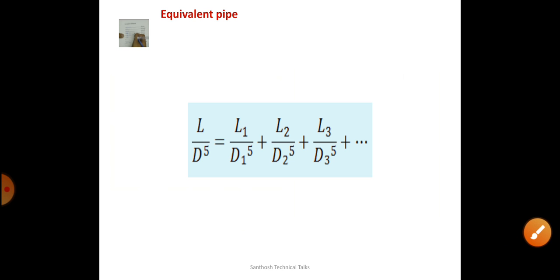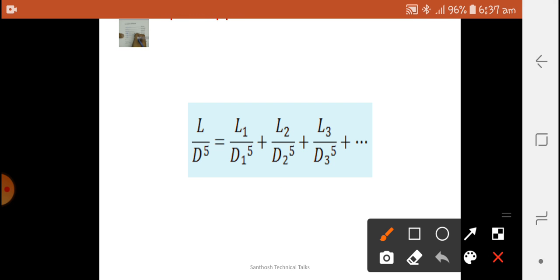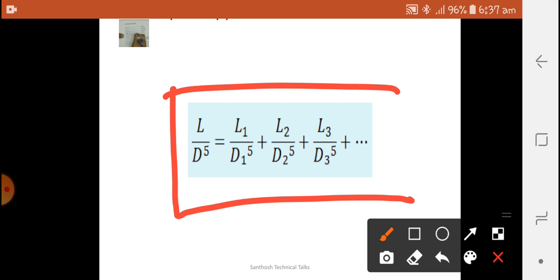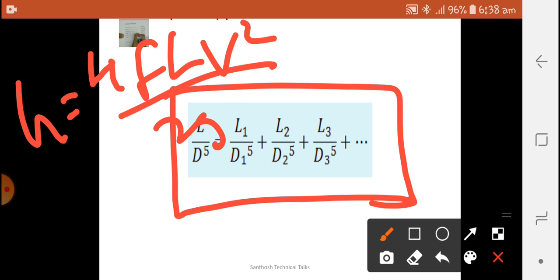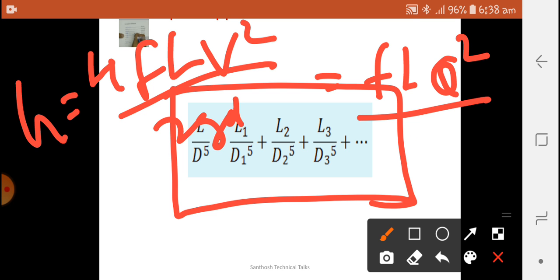And next one is the equivalent pipe. The parallel pipes and series pipes we can convert into an equivalent pipe, where the L by D ratio plays a major role, since head loss is equal to 4FL V square divided by 2gD, or FLQ square divided by 12 into d power 5.